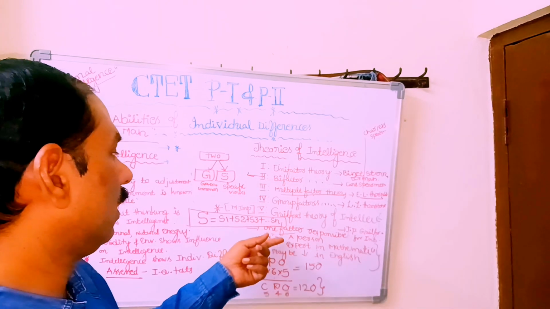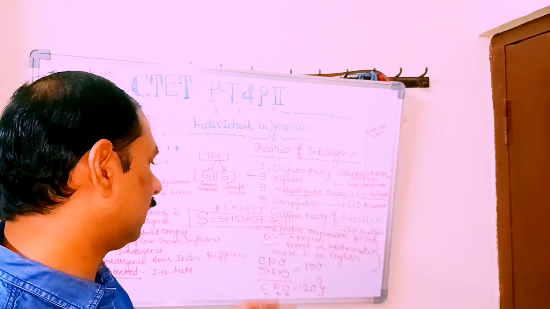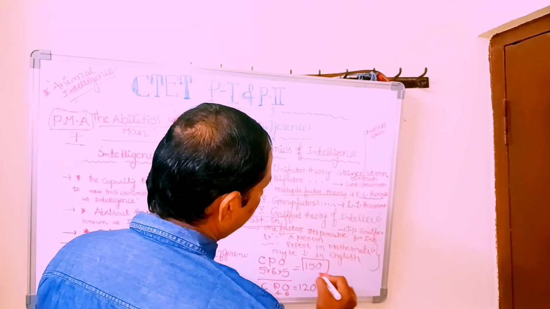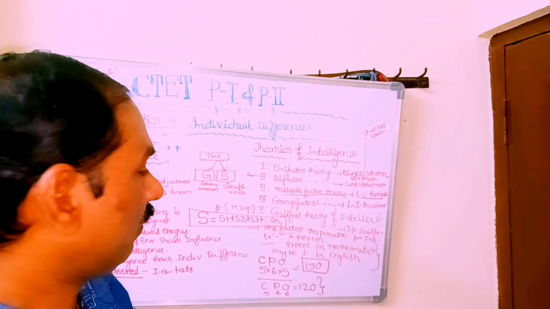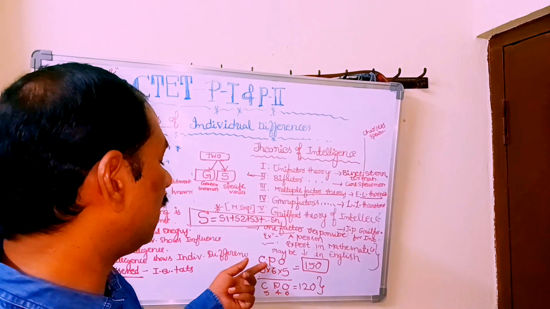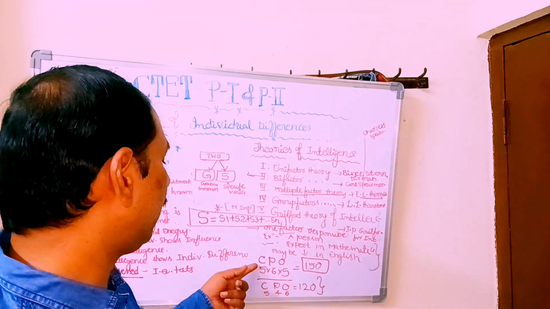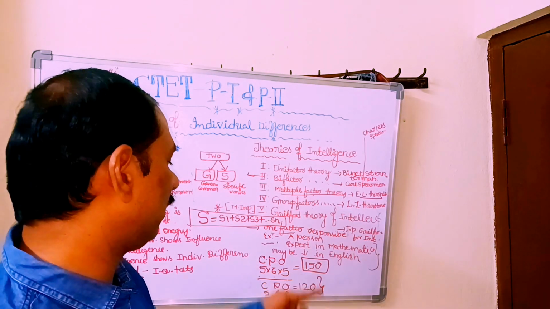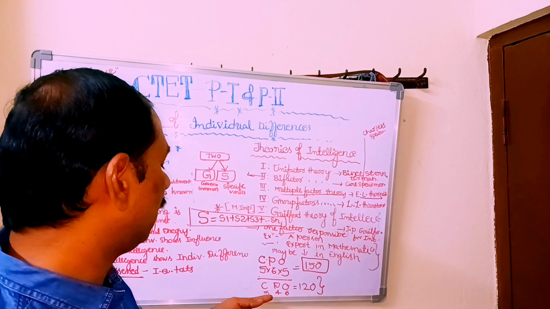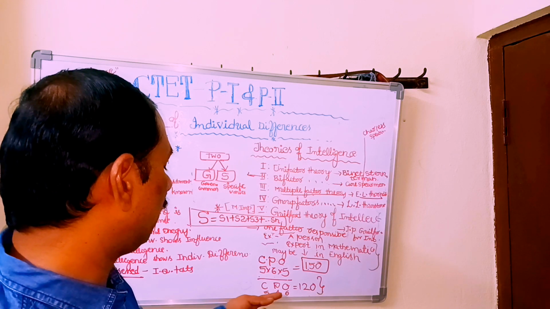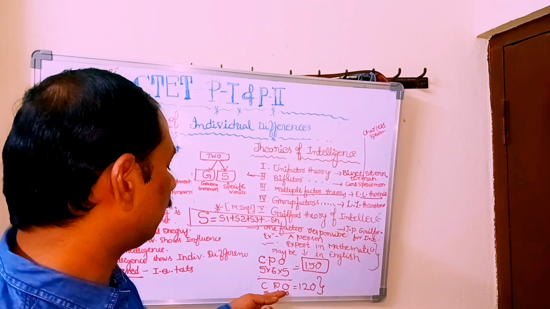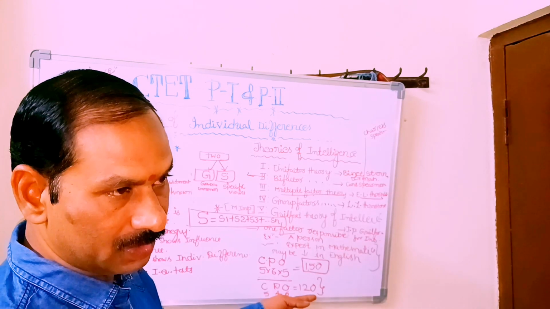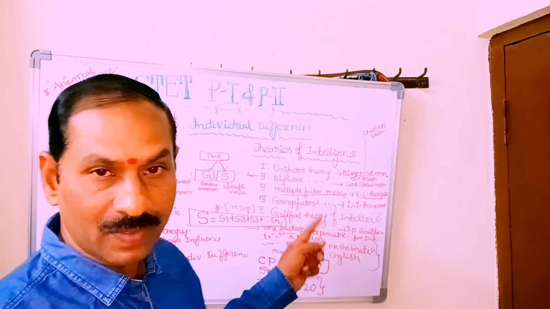According to his Guilford theory of intellect, 150 factors are responsible for human intelligence. Contents are 5, products are 6, and operations are 5: 5, 6, 5, that is 150. Before that, he had given 5, 4, 6, that is 120 factors. But the revised factors are 150.